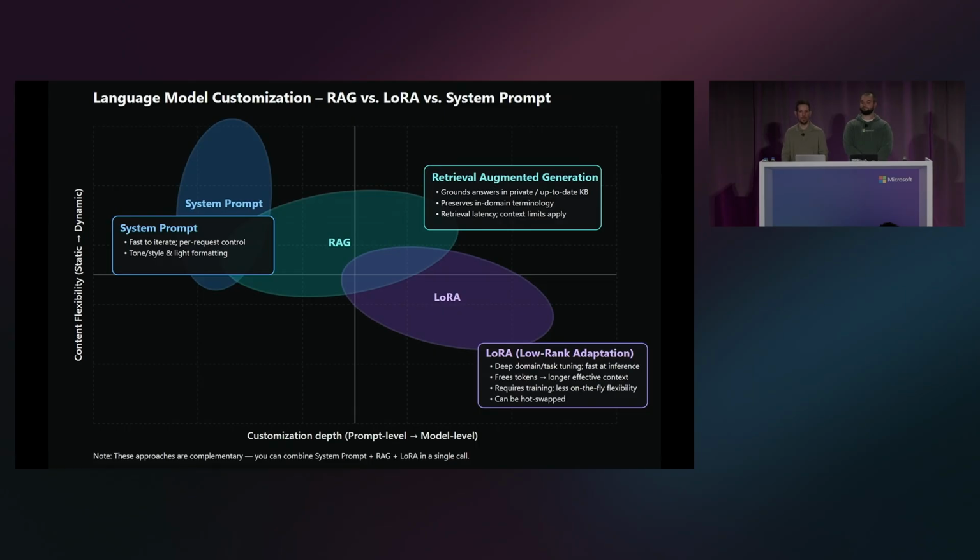Finally, LoRA offers deep customization at the weight level. It's very good for embedding stable domain knowledge and performing repetitive tasks, and it boosts performance as it frees up the context tokens. As we saw in the code, these methods are not mutually exclusive, so you can combine them to achieve even better results.